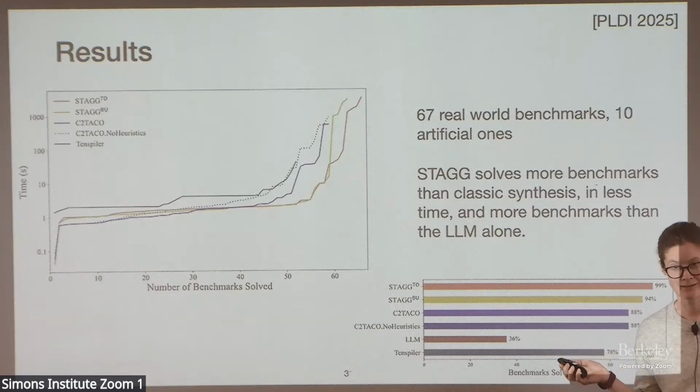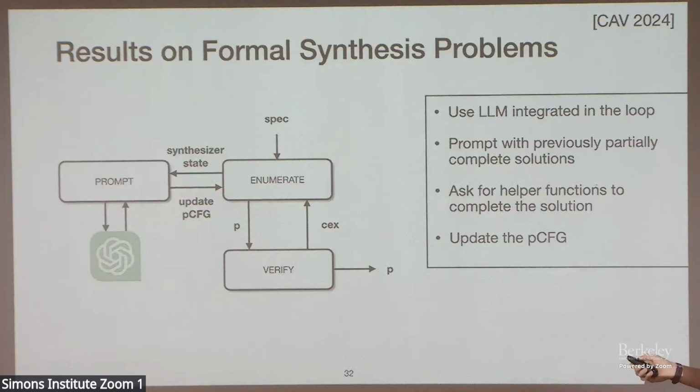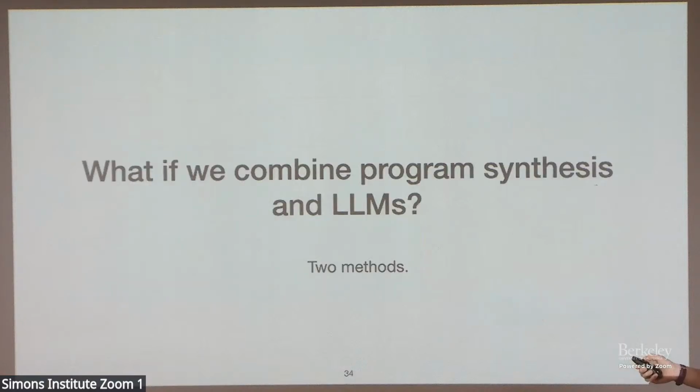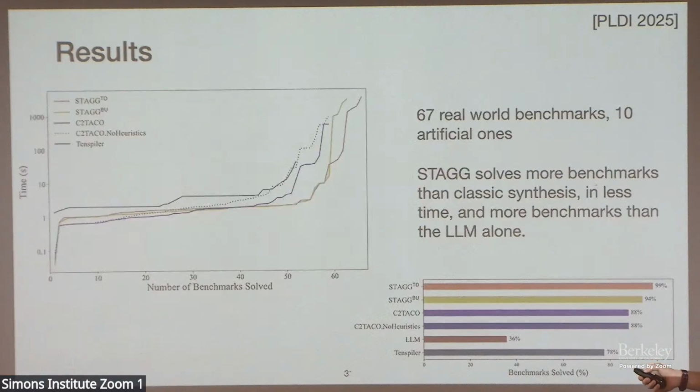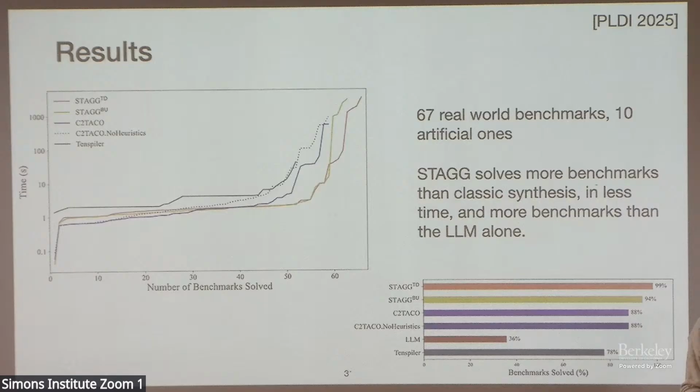Could you say something about where the real world benchmarks come from, and what kinds of programs they are? These are extracted from real world code bases, but we have a classifier that can extract the bits of the code that can be lifted, so the actual code fragments are relatively small.